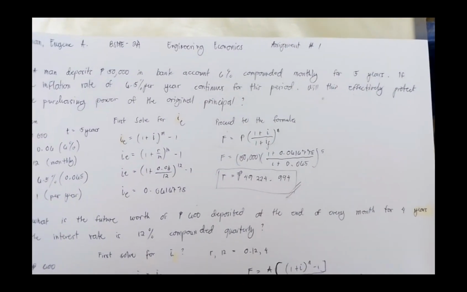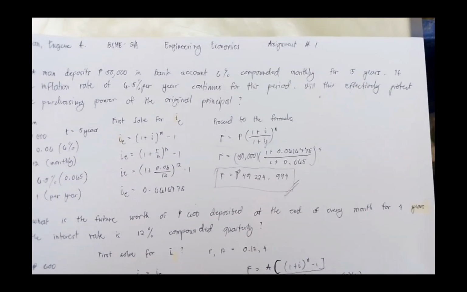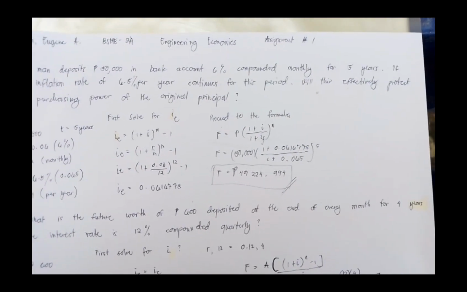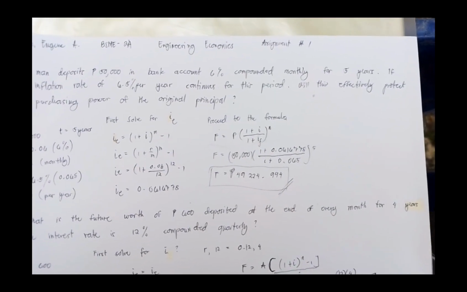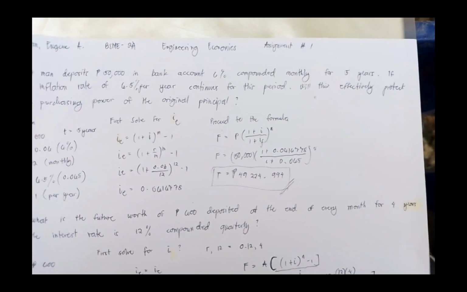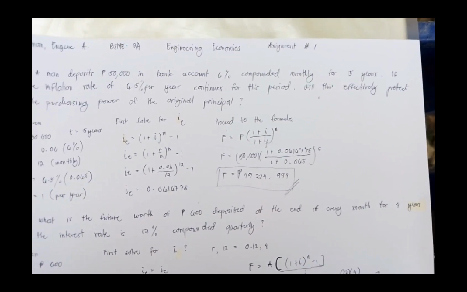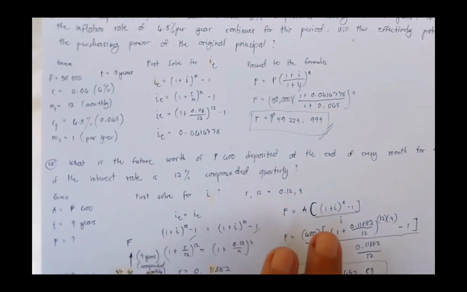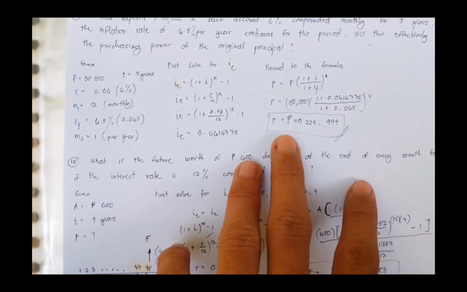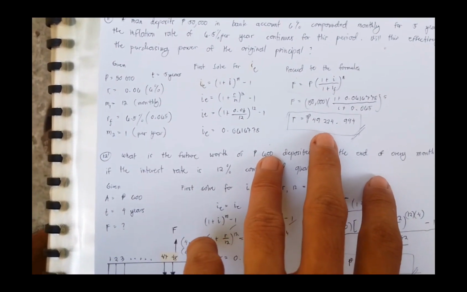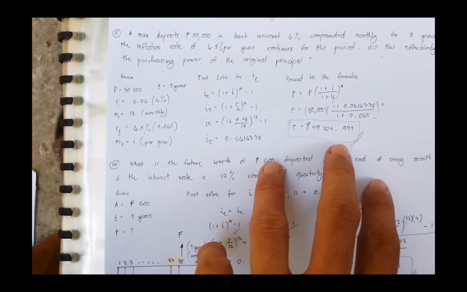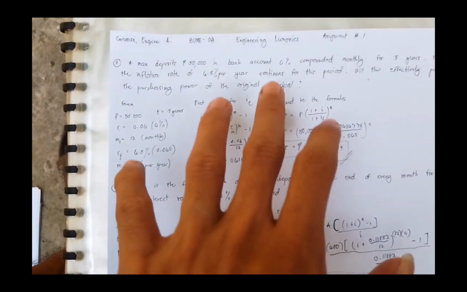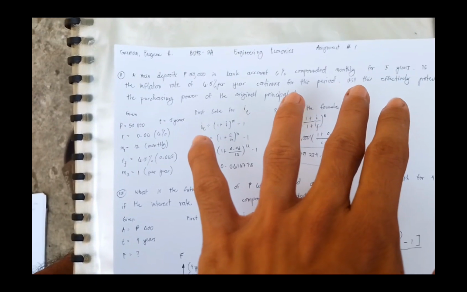So simply substitute 50,000 times the quantity of 1 plus 0.06167778 all over 1 plus 0.065 raised to 5. So our answer is 49,225.994.